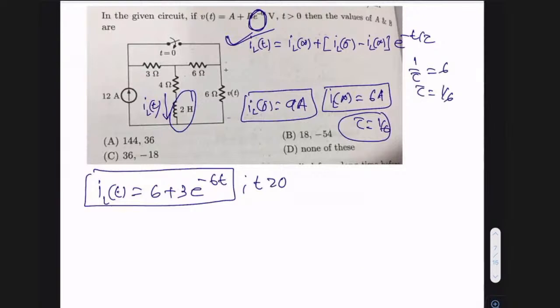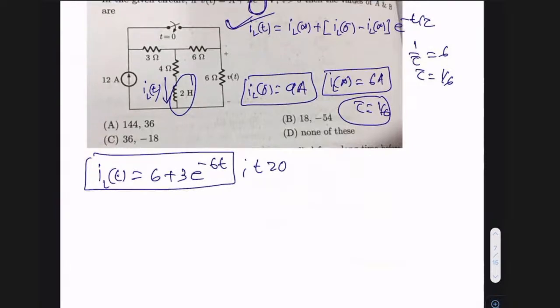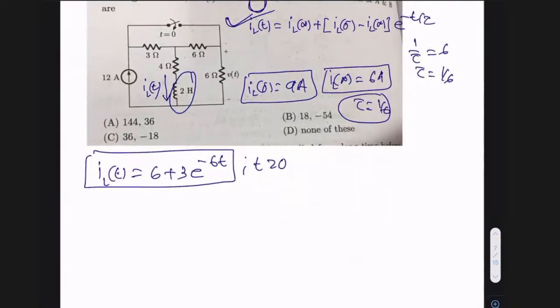And my interest is not to get ILT, my interest is to get VT. So if I draw the circuit for t greater than 0, how will it look? It will look something like this.